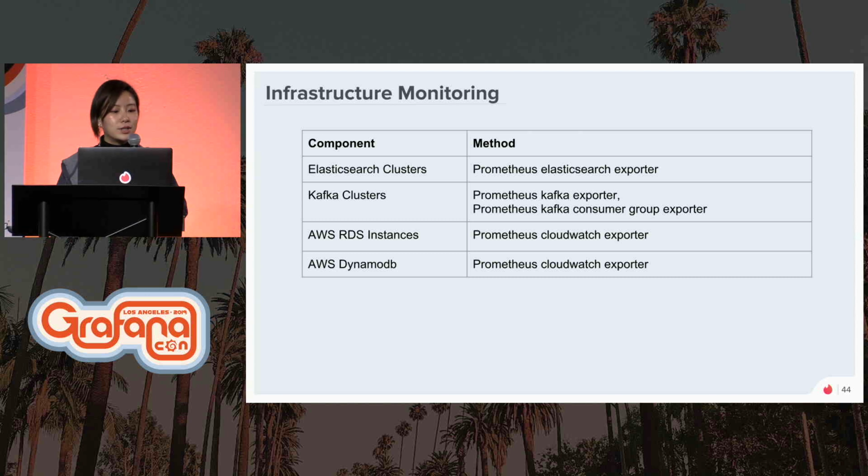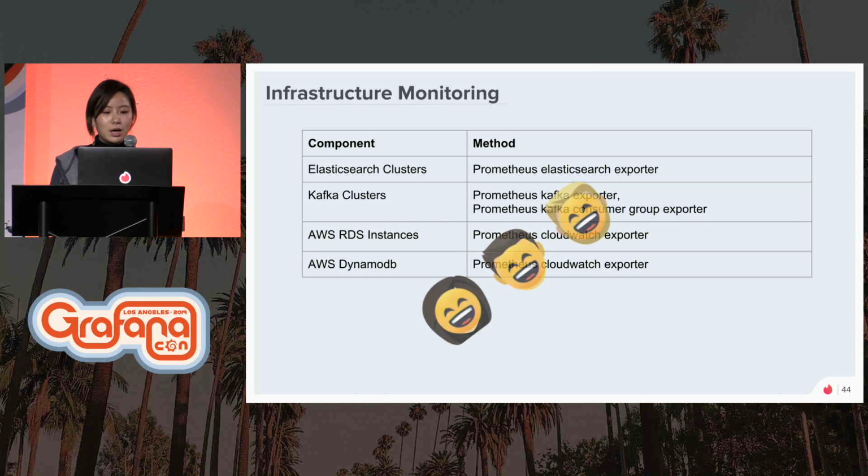For example, for the Elasticsearch clusters, we have the Prometheus Elasticsearch exporter. For the Kafka clusters, we have the Prometheus Kafka exporter and Kafka consumer group exporter. And for some AWS-related infrastructure, we just use the Prometheus CloudWatch exporter. Then problem solved.